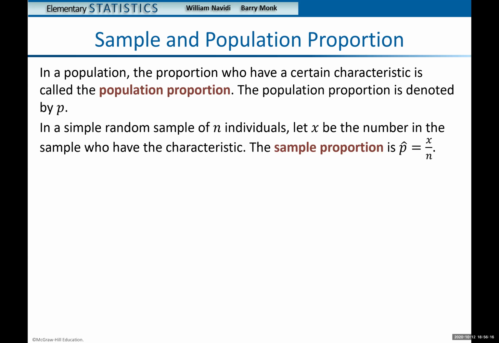So in a population, the proportion with a certain characteristic is called the population proportion, and that is denoted by P. And to compute the sample proportion, which is our P hat, is equal to X over N. So copy that if you need to remember P and P hat.